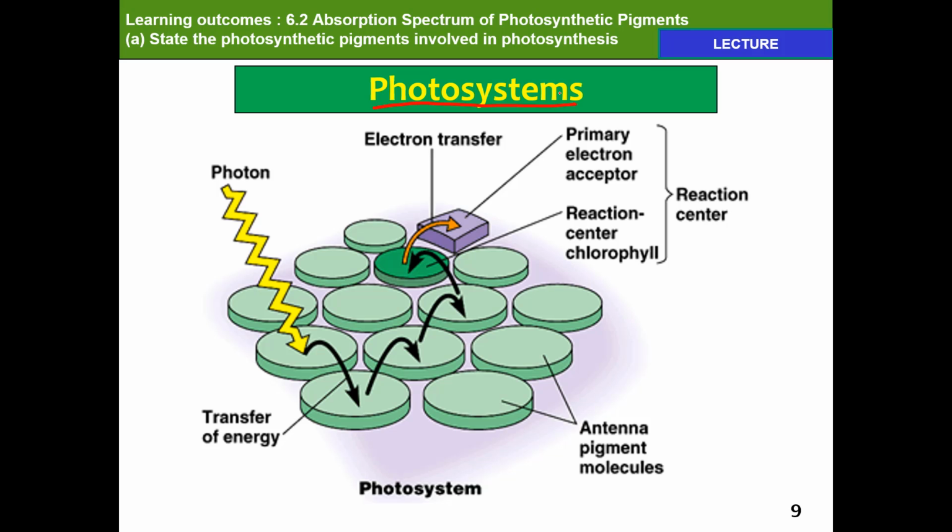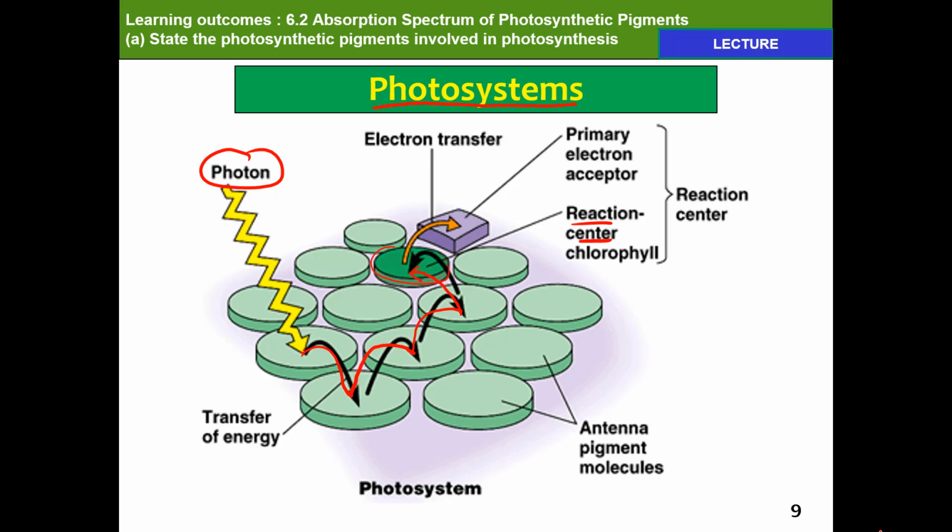When an antenna pigment absorbs a photon, the energy is transmitted from one molecule to another until it reaches a particular chlorophyll a molecule, which acts as the reaction center.